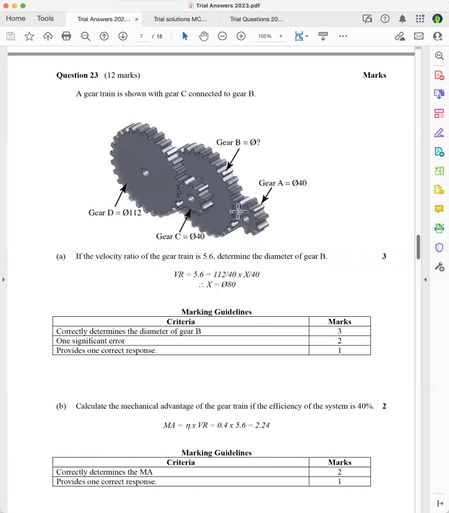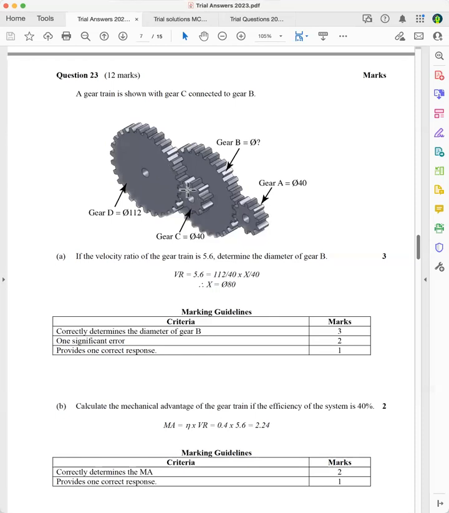So you've got to use the reciprocal. So let's have a look at this here. The velocity ratio of this gear assembly, let's say that's the driver, and this is the follower or the driven.